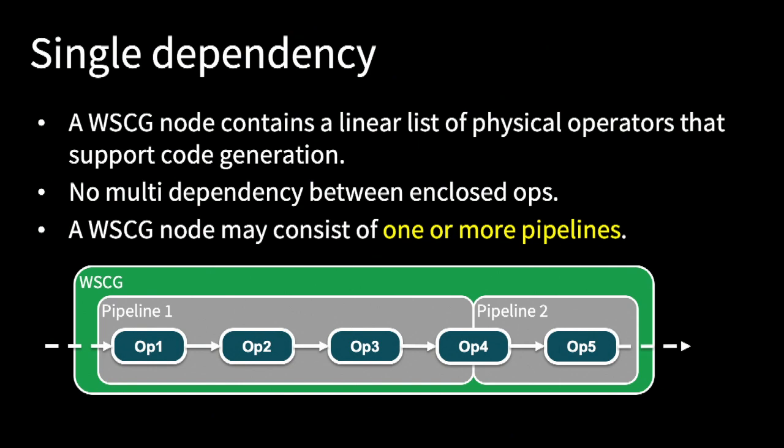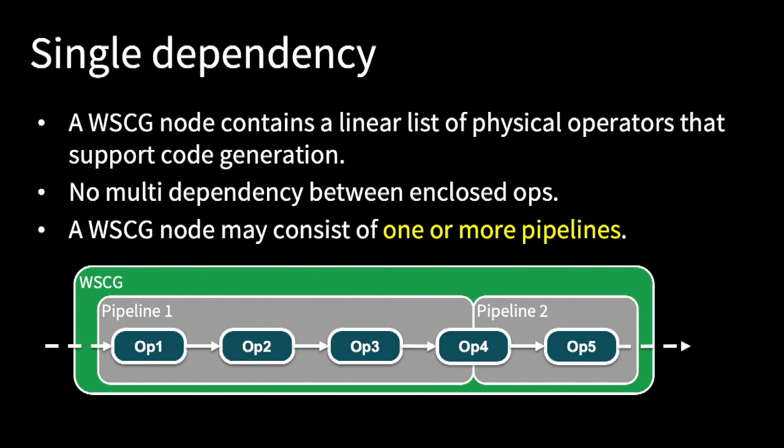So before we get into more details about the code generation implementation, we'll look at one other important property of the code generation model implemented in Spark. That is, there is no support for multi-dependency between the physical operators in a whole stage code gen node.